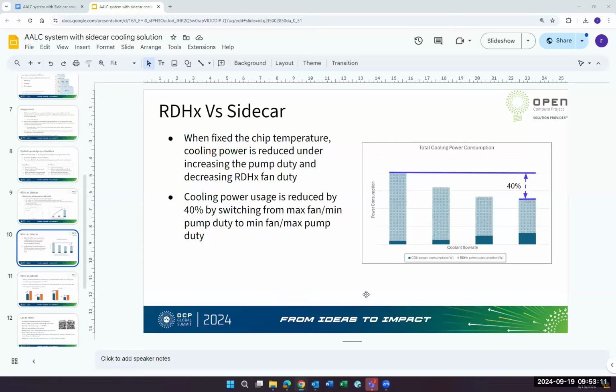I think it's good to note down why that's happening as one of the bullet points for CDU versus rear-door heat exchanger. That would help explain better.